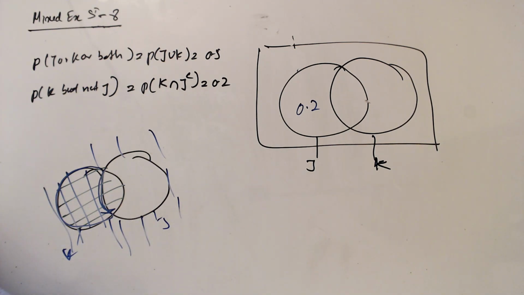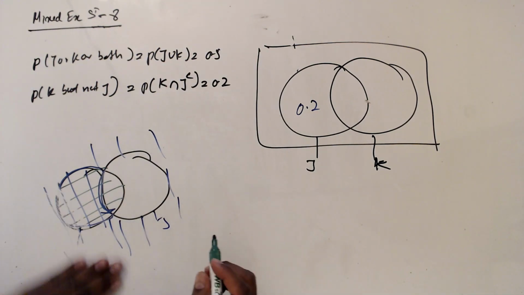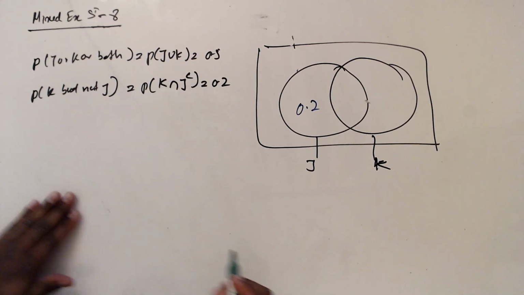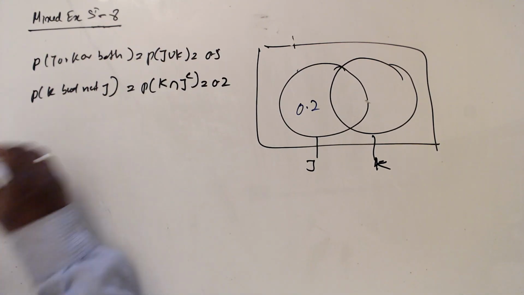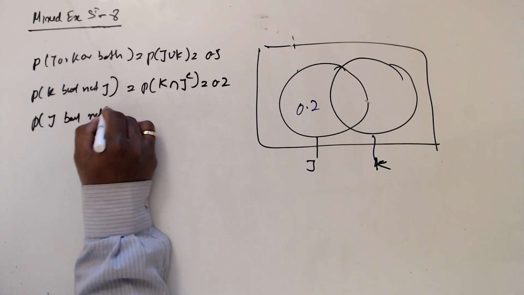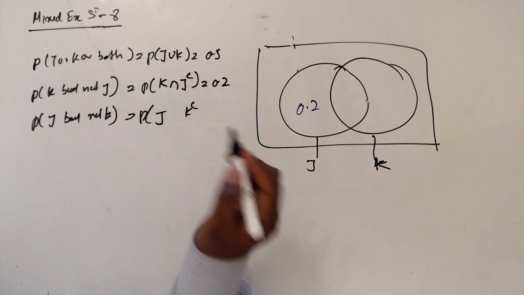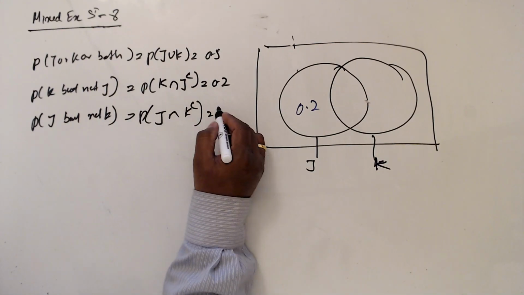And then J but not K, the other way around. Probability of J but not K is 0.25.